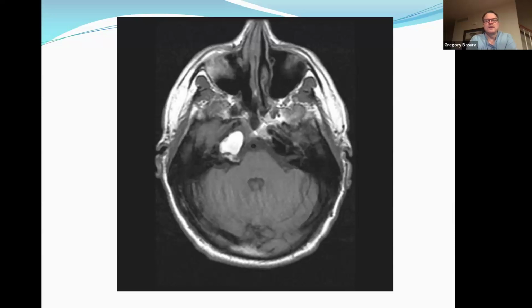And I'll give you guys a table here at the end that shows you some of the different things. So the point here is that it's really important to think about T1, T2, the nature of the lesion. Is it expansile? Is it lytic? Is it erosive? In this situation, the location, bright on T1, bright on T2, likely cholesterol granuloma, right?